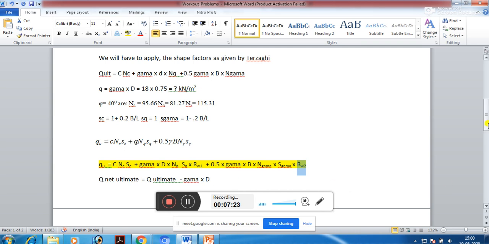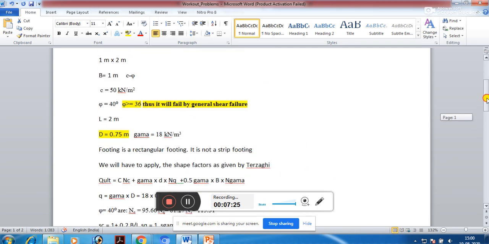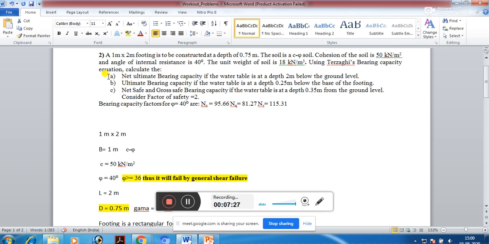In the previous problem, in case number 1, what have we seen? We have seen that when the water table is at a depth of 2 meters below the ground level, there is absolutely no impact of the water table correction.